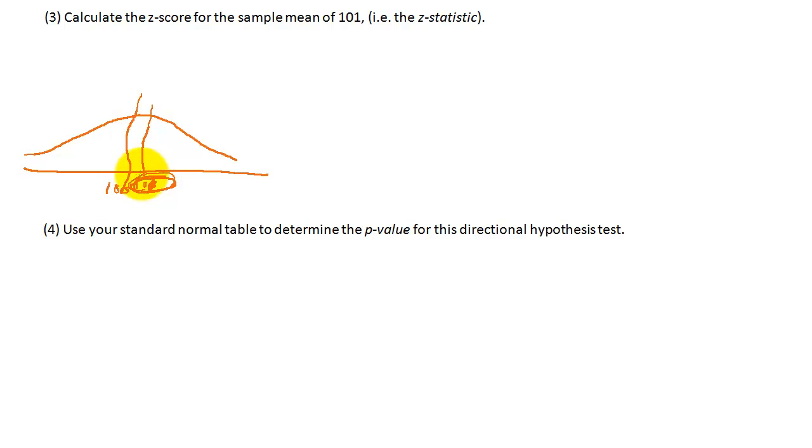So the z-score for 101: get 101, minus the mean of 100 in the sample distribution, and then divided by the standard deviation.